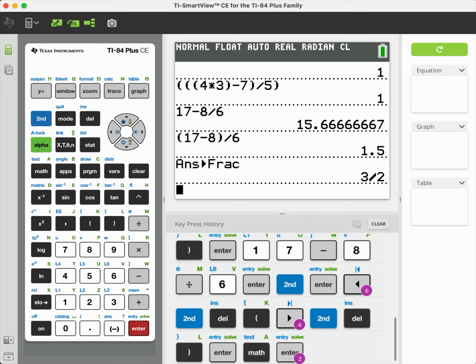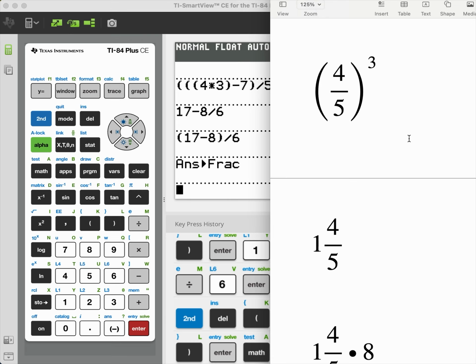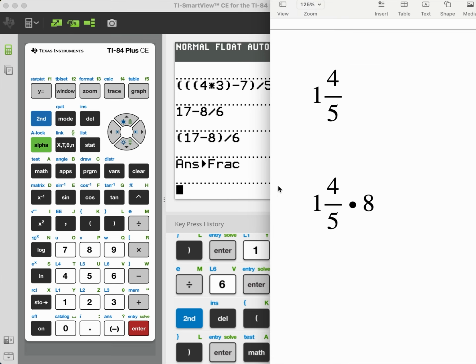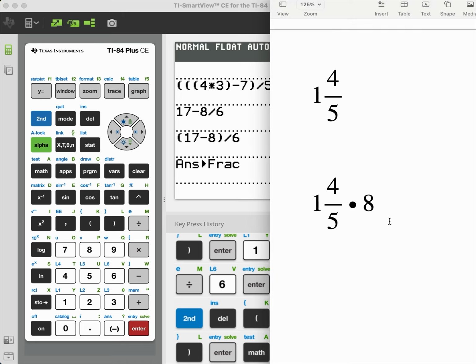Let's talk about a mixed number. I'm going to go down here. 1 4/5. So let's get 1 4/5 entered. Now, let's look at this expression again. 1 and 4/5. What word happened between the integer 1 and the fraction 4/5?